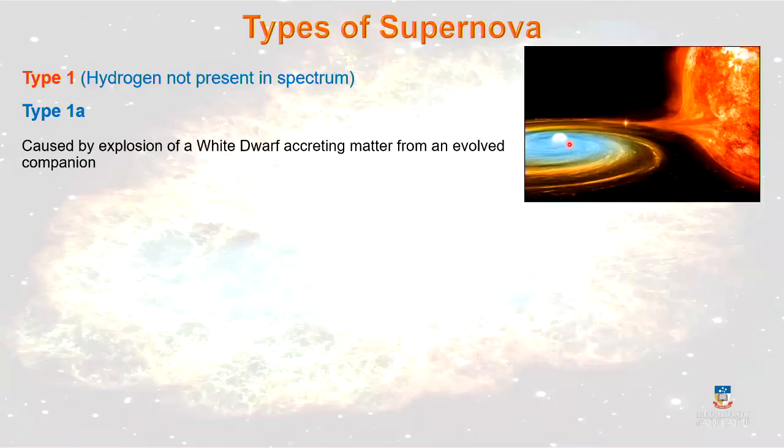Now, this builds up a layer of hydrogen on the surface of the white dwarf, and it reaches a critical density and mass where it goes into a thermonuclear explosion, basically. It's like a hydrogen bomb goes off on the surface. And the white dwarf can then brighten by about a factor of 1,000 during this explosion.